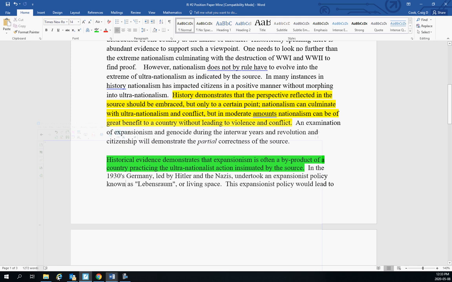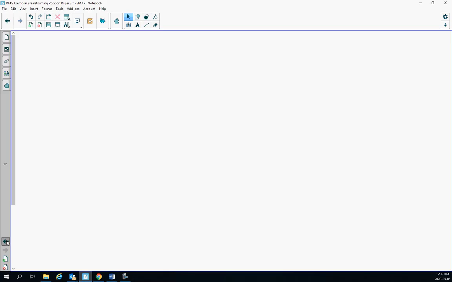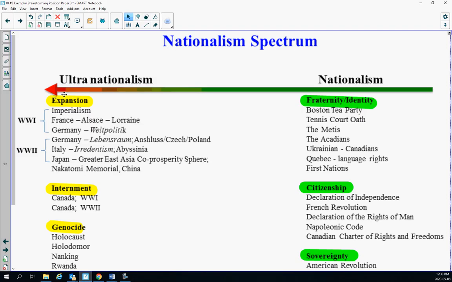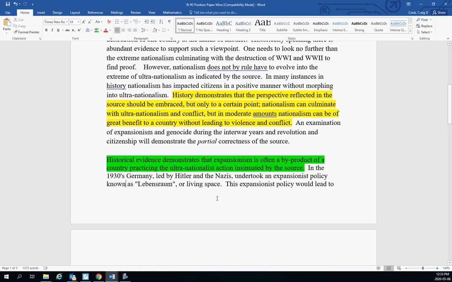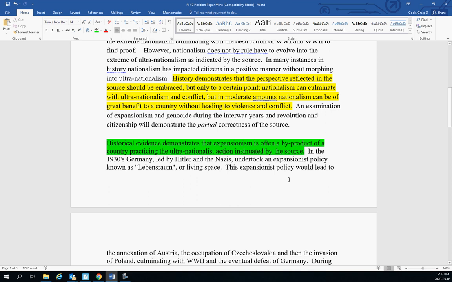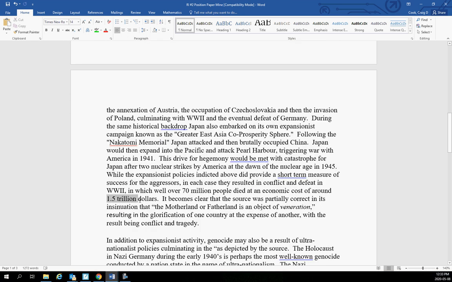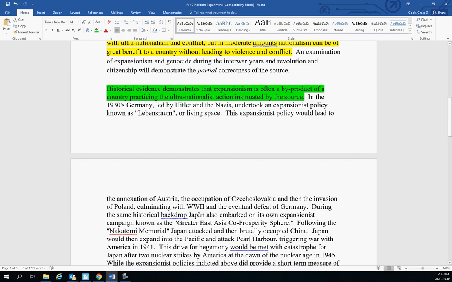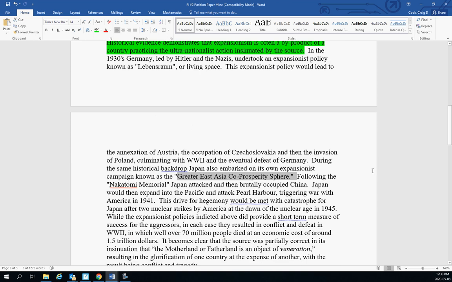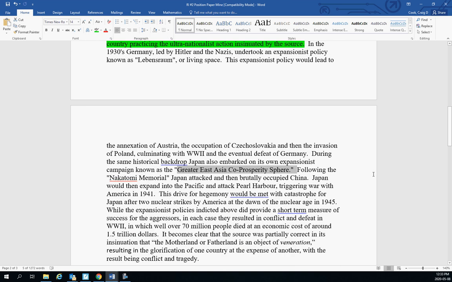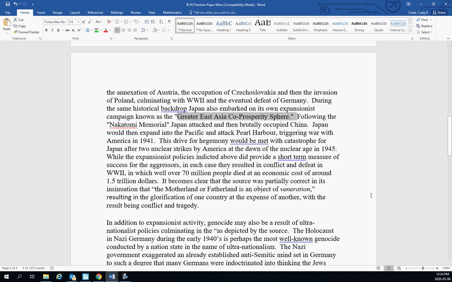So if we go back to our evidence, our spectrum, they're going to use this argument in their first paragraph. And again, you can see some specific details. The cost of the war, how many people died. They've got some specifics regarding Japanese expansionism. Good specific evidence that has been explained well, logically and rationally.